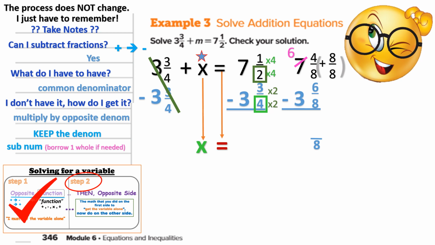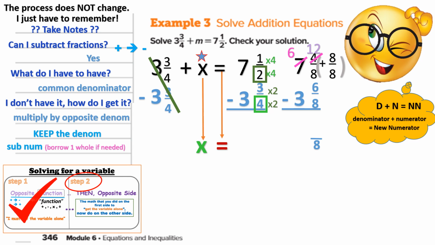So we're adding 8 eighths to it. When I have my denominator of 8, I add my numerators. 8 plus 4 is 12. Once again, the shortcut is I take my denominator, I add my numerator, and that just gives me 12, right? So the denominator plus the numerator gives me my new numerator. That's the shortcut to remembering how to create a common denominator by borrowing.